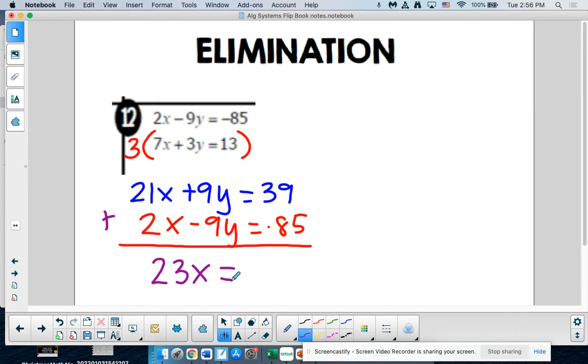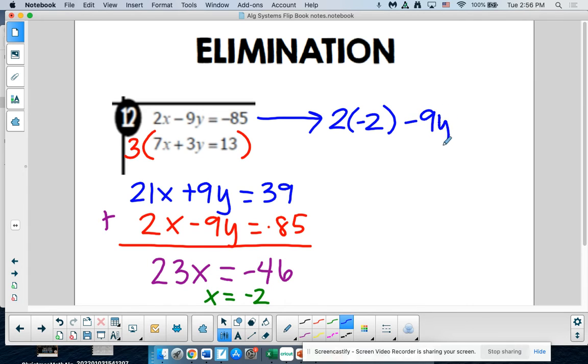Negative 46. And then divide out, x equals negative 2. All right, plug her in. This is plug in the top one. 2 times negative 2 minus 9y equals negative 85. 2 times negative 2 is negative 4, minus 9y equals negative 85.